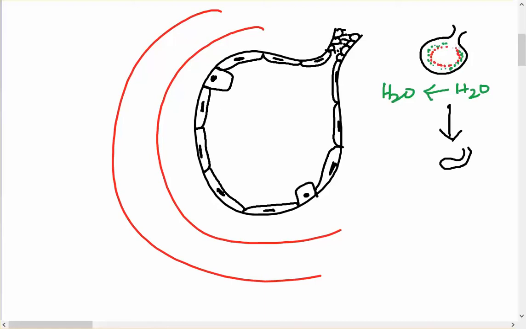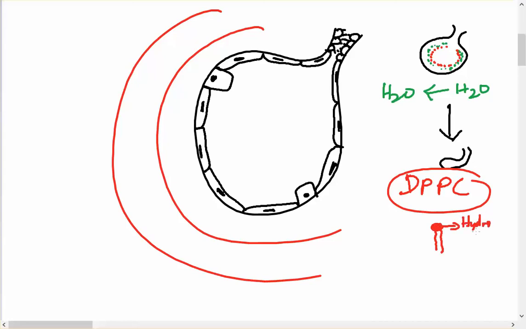Surfactant is otherwise called dipalmitoyl phosphatidyl choline. They have a hydrophilic and a hydrophobic end. What happens?